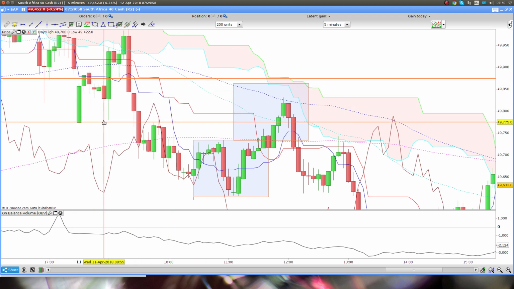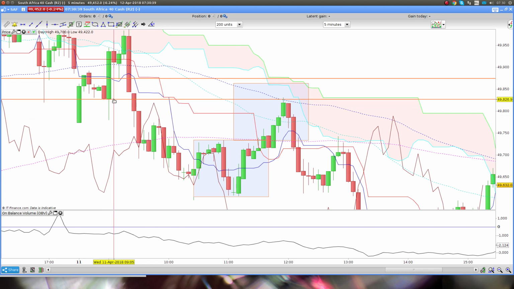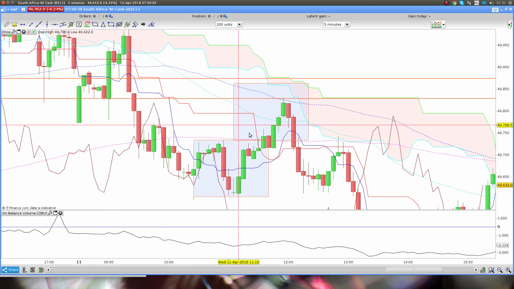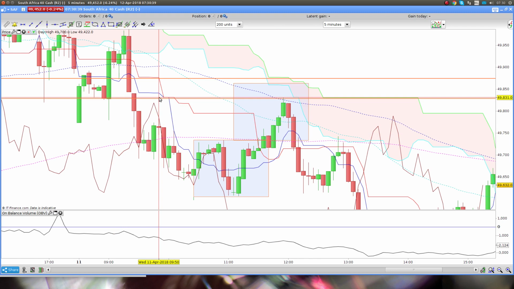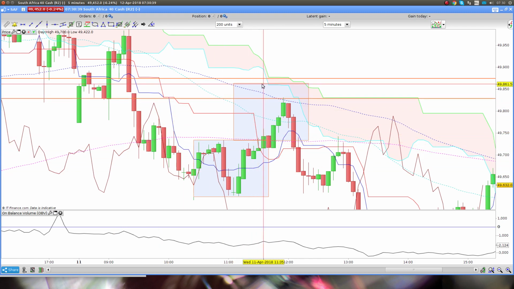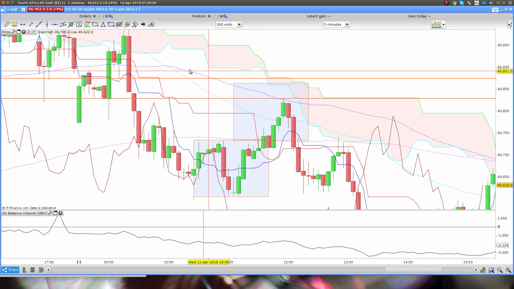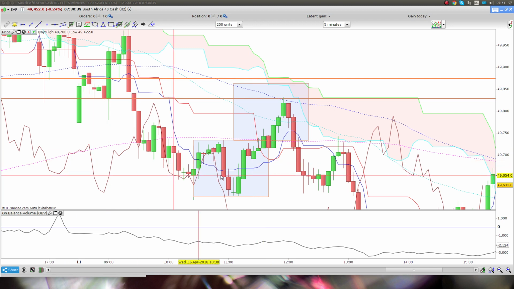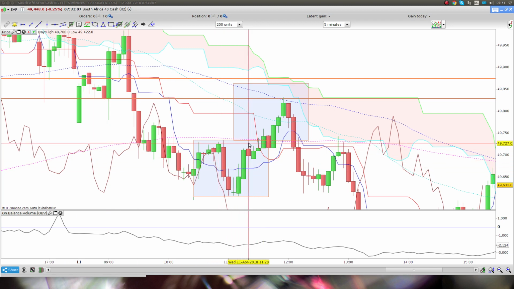Then you have another logical target here, and then the second part of that would be there. And that's exactly where price went to. So it's not to say that every breakout will be the height of the range, but often it does get to the height of the range.